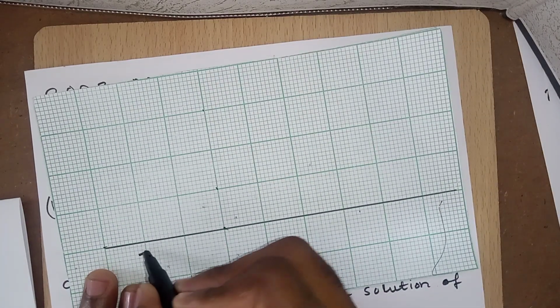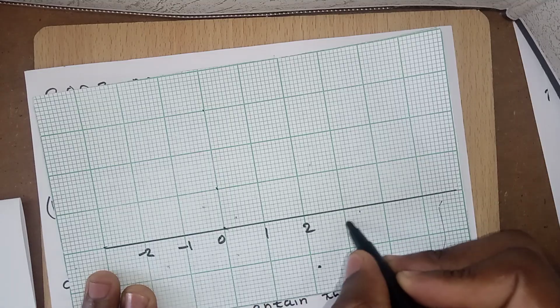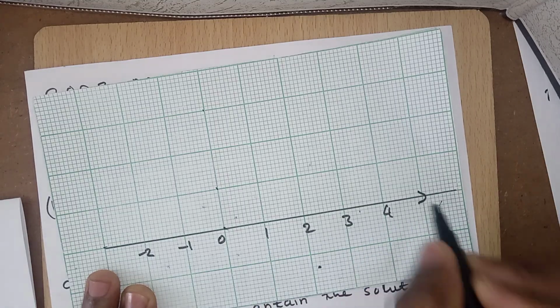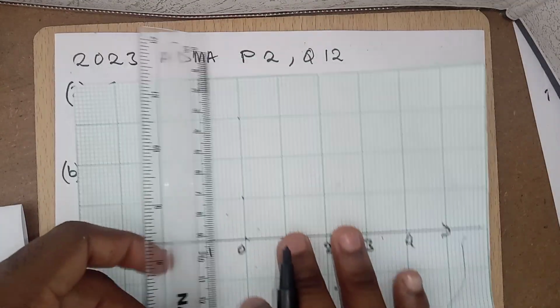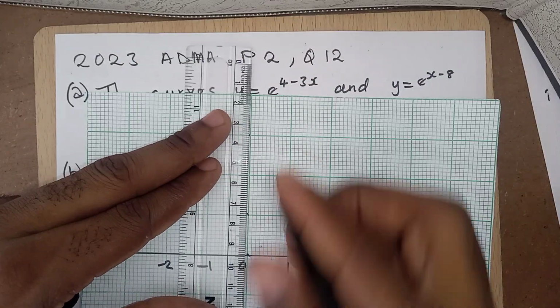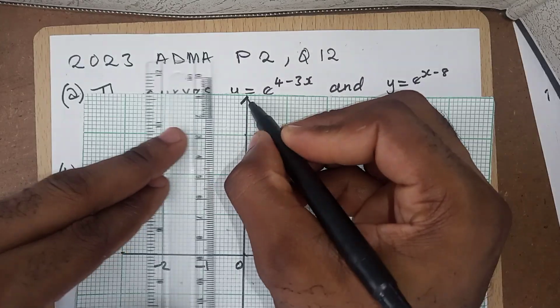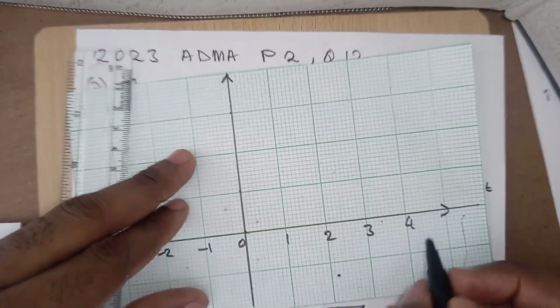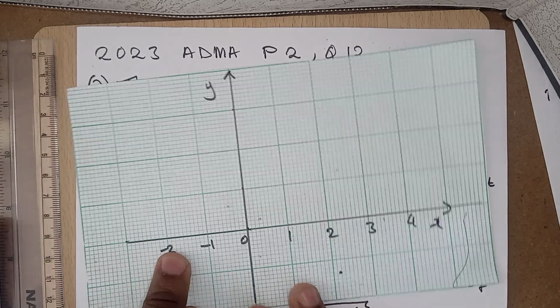So we have -2, -1, then we have 0, 1, 2, 3, and 4, like this. And then we can draw our y-axis here. So x, make sure you label your axes.